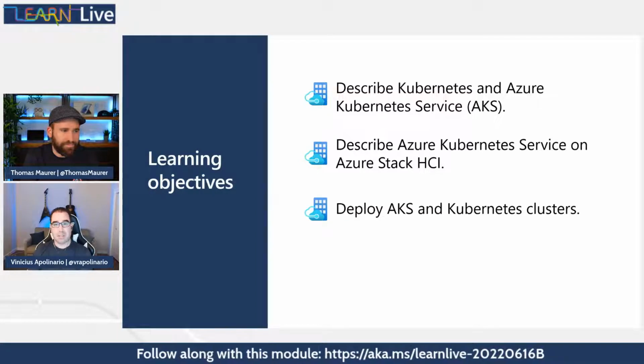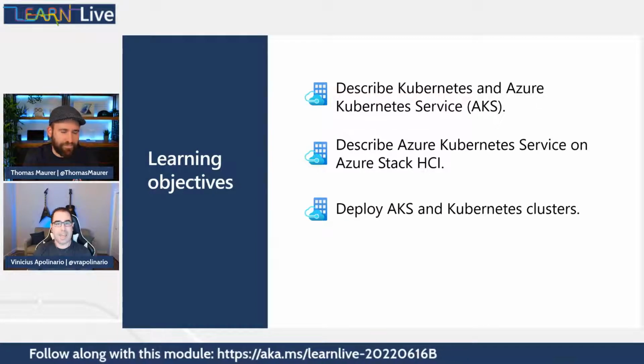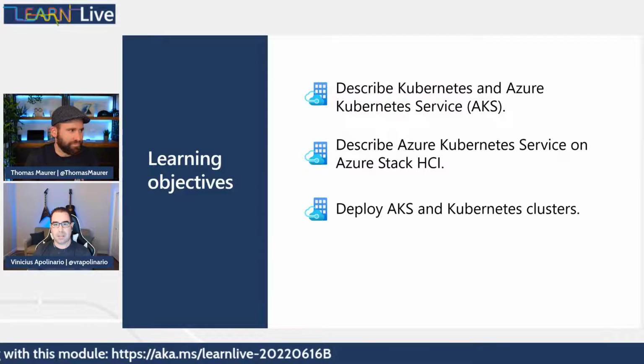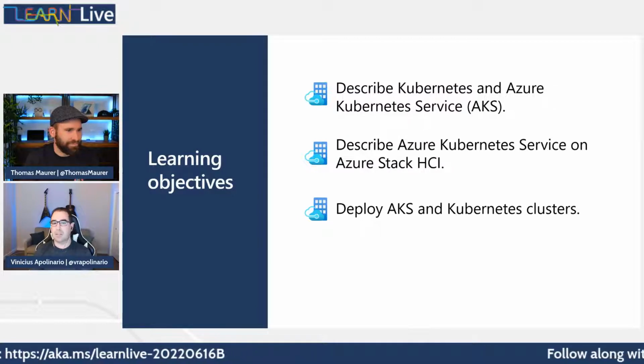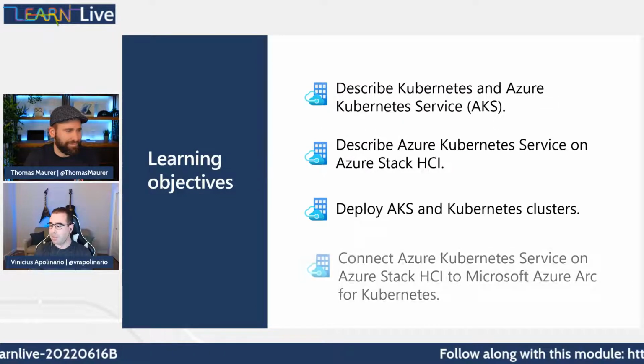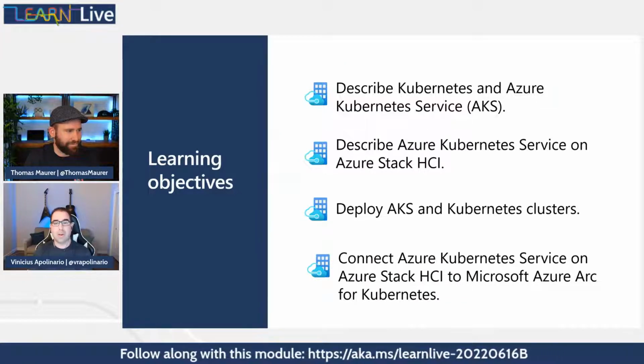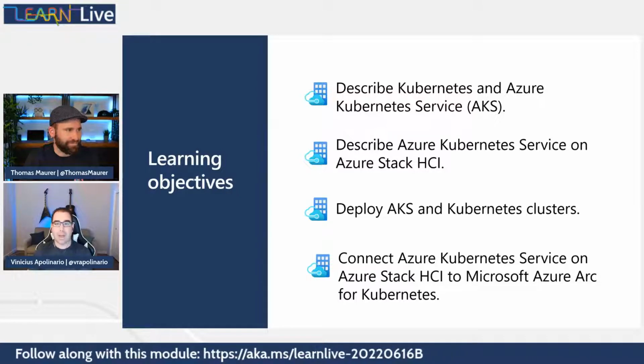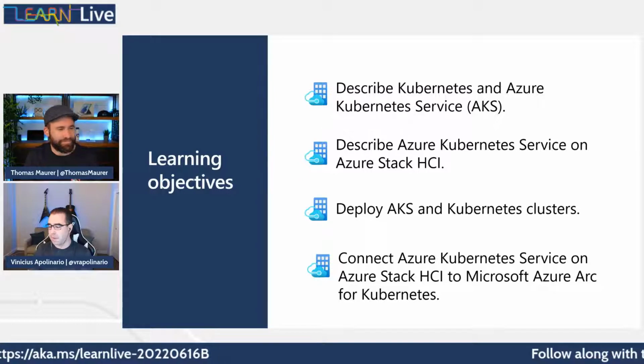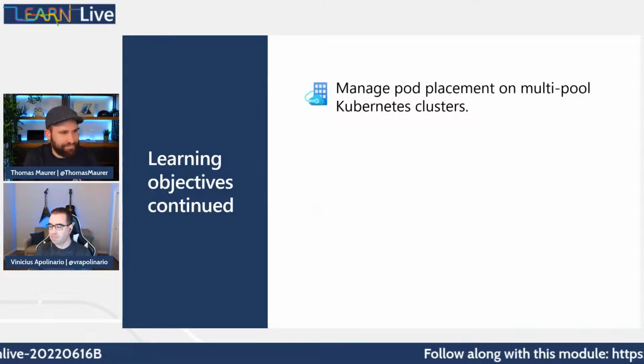AKS and Kubernetes cluster. So we're going to dive into some of the details about Kubernetes and its cluster. What is a management cluster, a target cluster for running your application, connect to Azure Arc. So how can you use the Azure control plane to manage Kubernetes clusters that are not running on Azure, but then you can leverage other Azure services for managing those Kubernetes clusters.